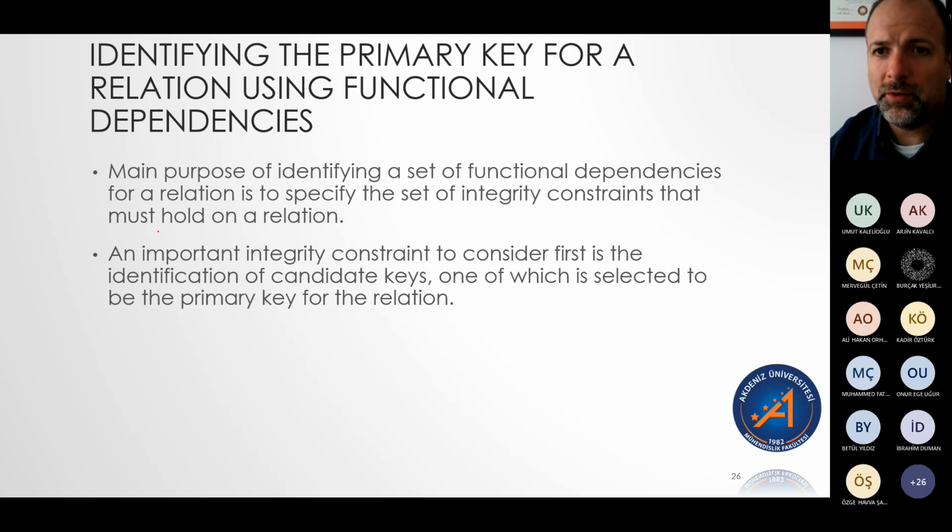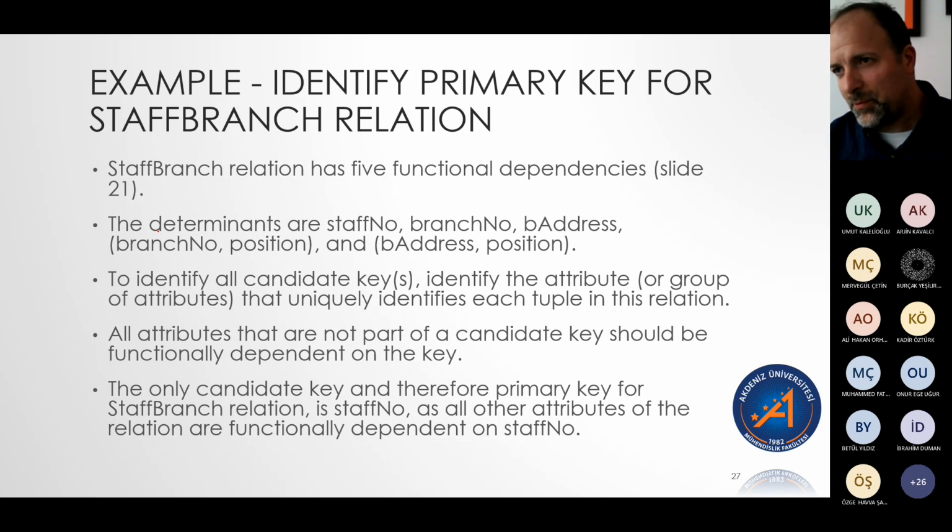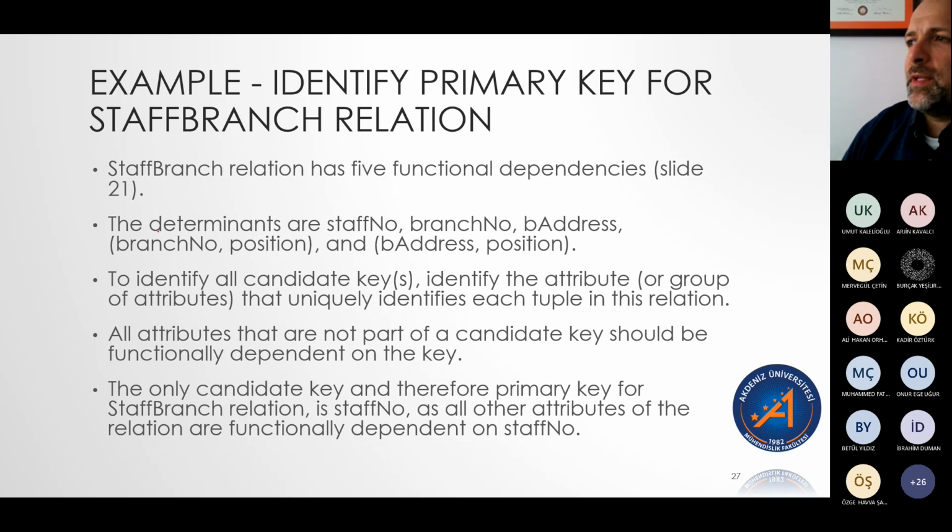So if we look at our staff branch relation, we'll determine the primary key and then we'll end there for today and then come back and talk about normalization tomorrow. All right, so let's identify the primary key.